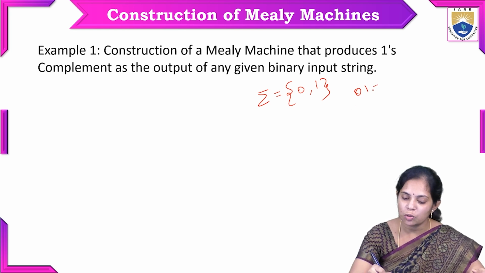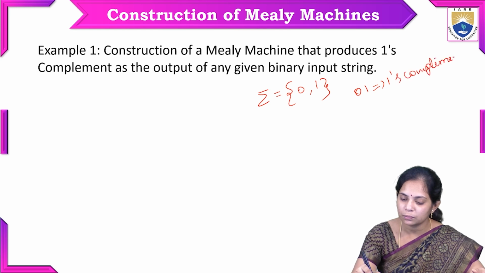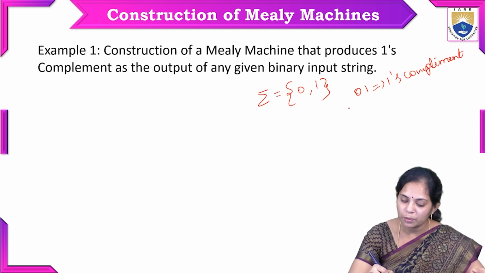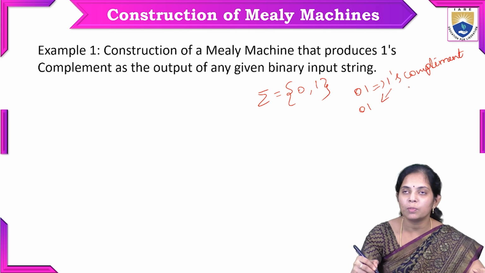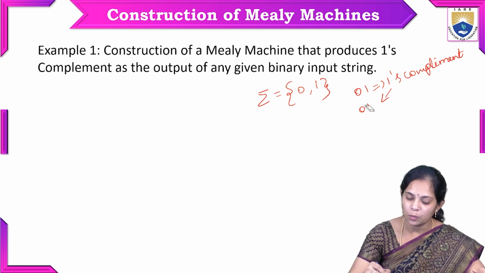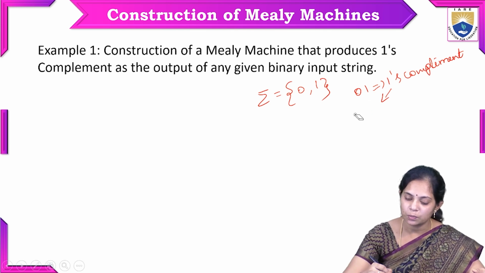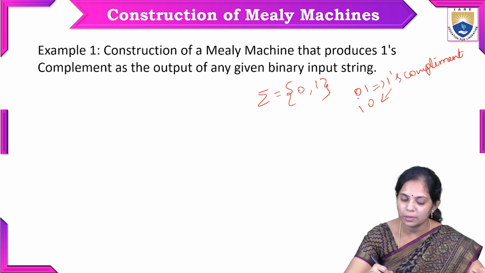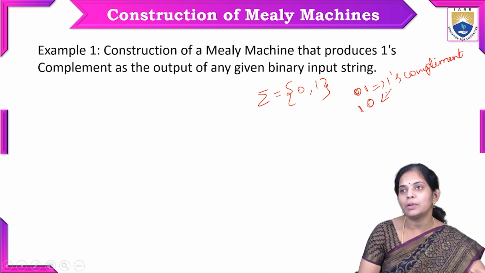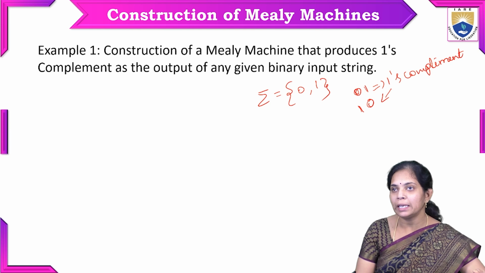So the one's complement for 01 is 10. Instead of 0, we are replacing it with 1, and instead of 1 we are replacing it with 0. This is the one's complement of any input string.